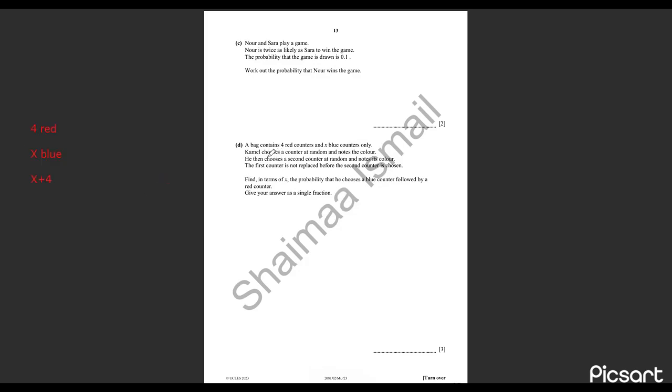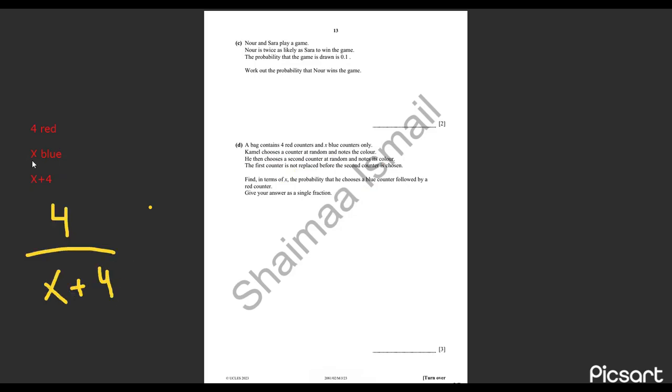He chooses a counter randomly. He chooses the first randomly, and he chooses a second counter randomly and notes its color. The first counter is not replaced. Okay, find in terms of x the probability that the choice is blue followed by red. So the first is blue, so x over x plus 4 over the total.